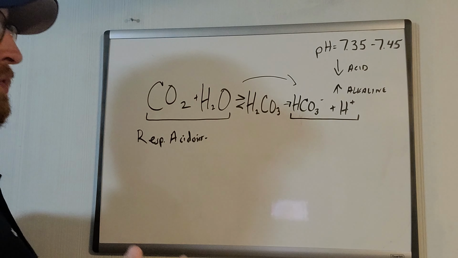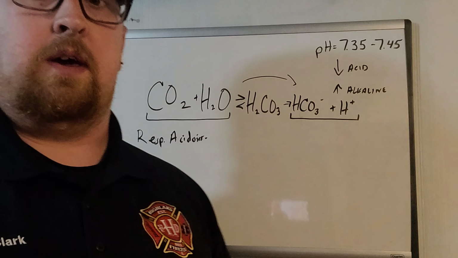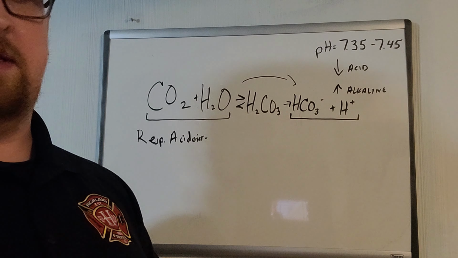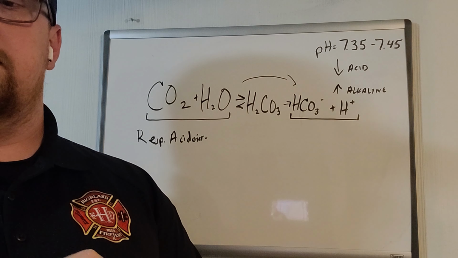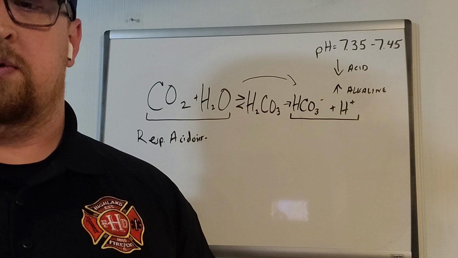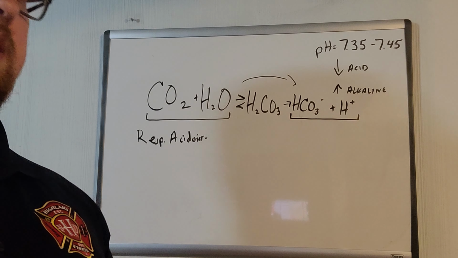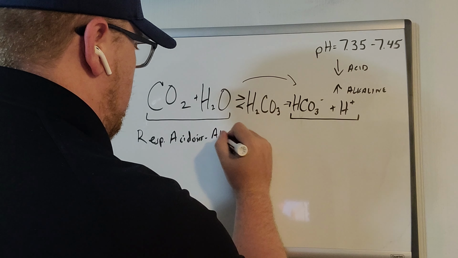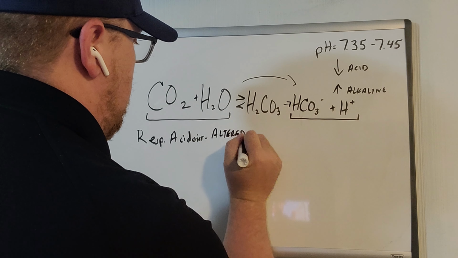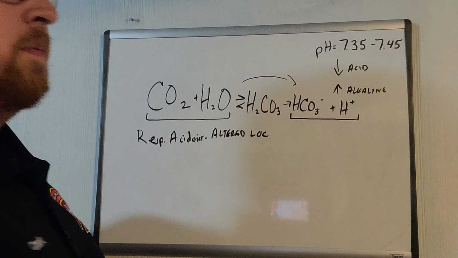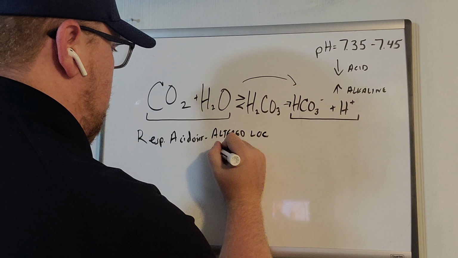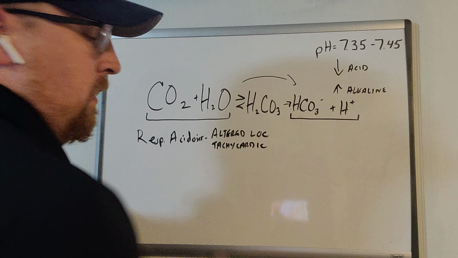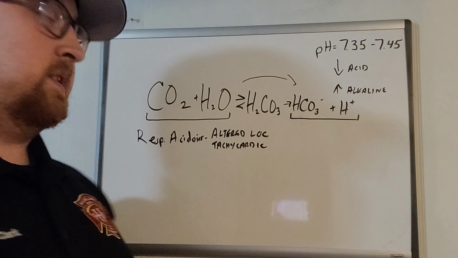So what you will see with somebody out in the field with this is that for some reason they are not exhaling enough of that CO2. What can cause that is sometimes an altered LOC. You can have somebody that is tachycardic. You can also have somebody that is diaphoretic.